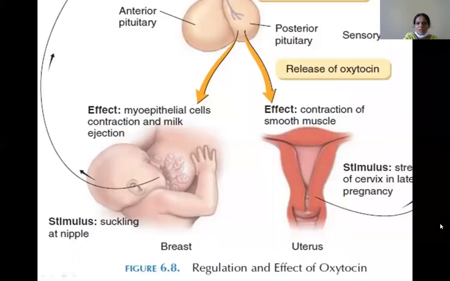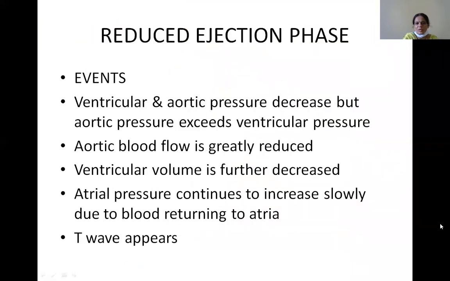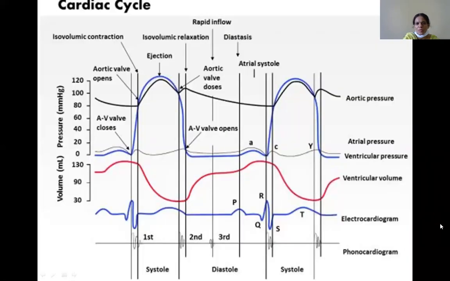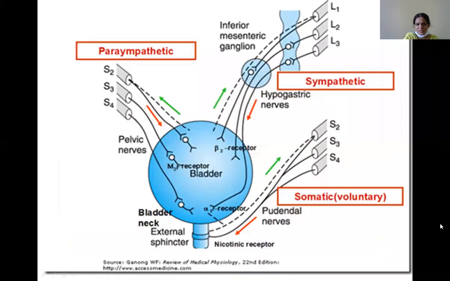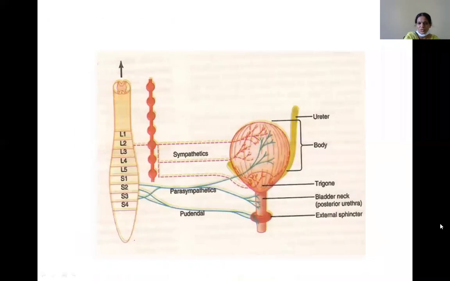Once again, what are the different spotters which you have seen? Just for refreshment, this is the micturition reflex being carried out mainly by the parasympathetics. Remember, this micturition reflex is a parasympathetic activity as it causes the contraction of the detrusor muscle and the relaxation of the internal sphincter.